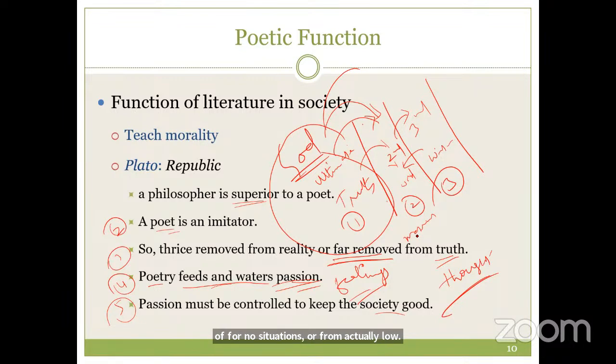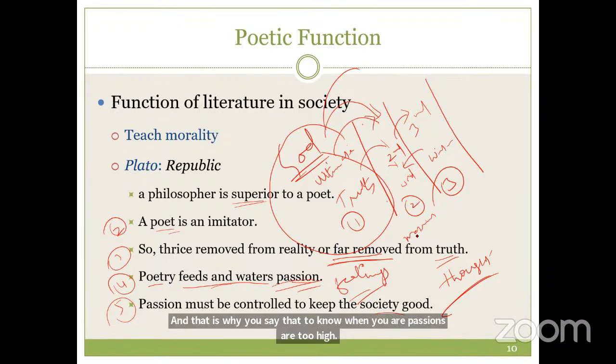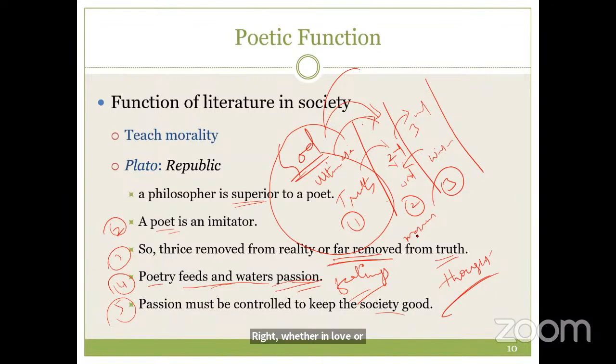That ability goes down, right? And that is why when your passions are too high, whether in love or in war, you want to go to any extent to win either the heart of the person or the war.